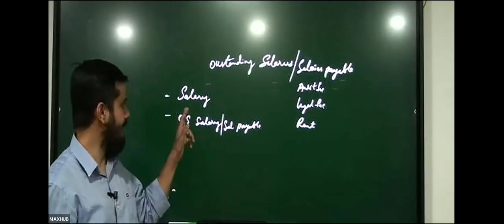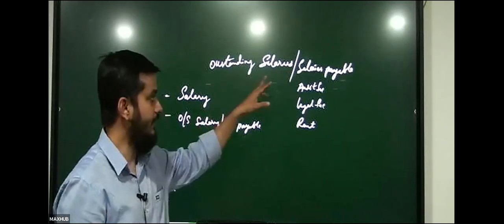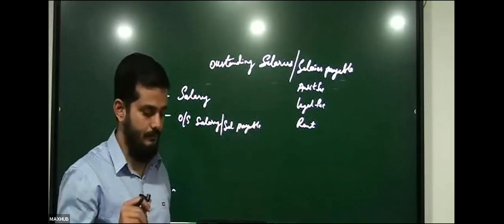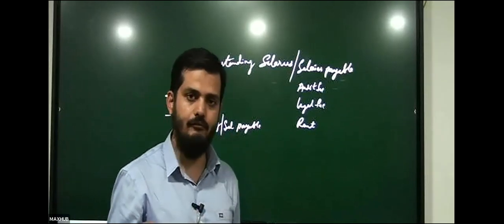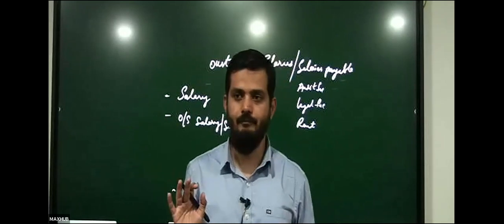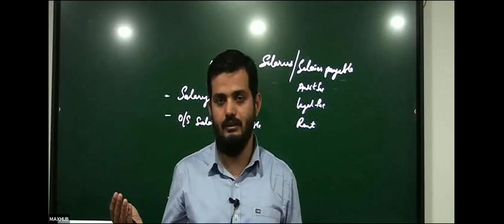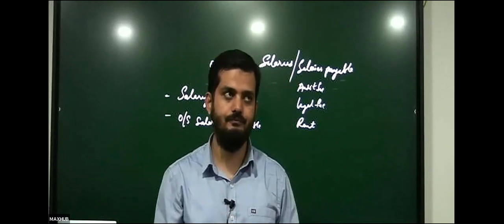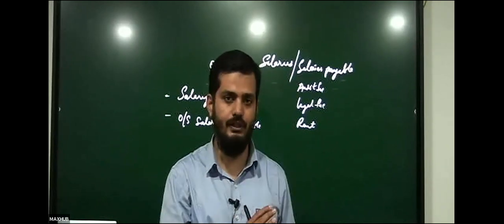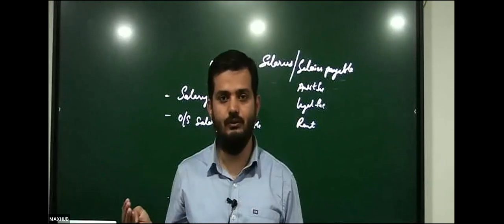When we are saying outstanding salaries, for example, till date, I have paid some 10,000 of salary. Now for the next 1 month, I want to record it today itself. Say 10,000 already paid, and 5,000 is still to record.